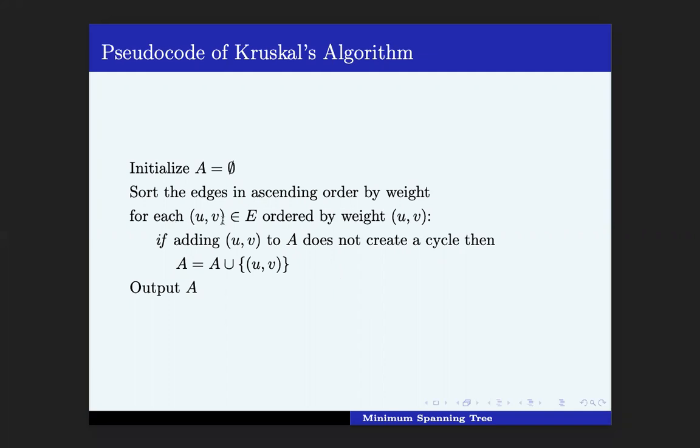Every time you go over U and V, you check whether adding this edge creates a cycle or not. So within a for loop, this can take up to order V plus E steps. You can do a little bit of other calculation, but that will not help you.